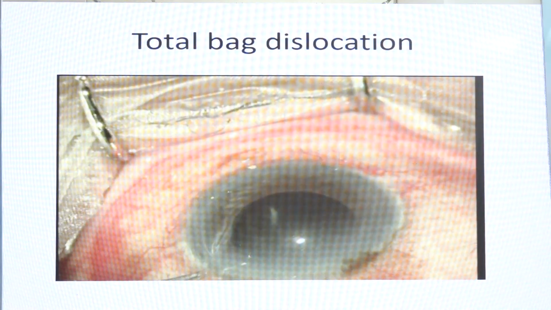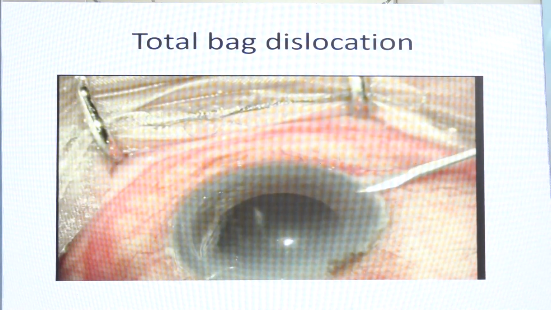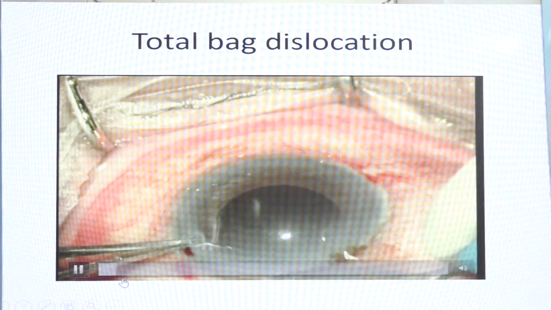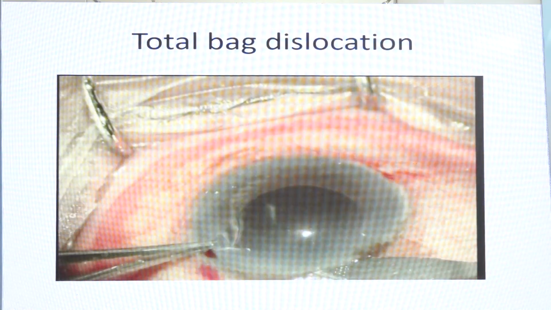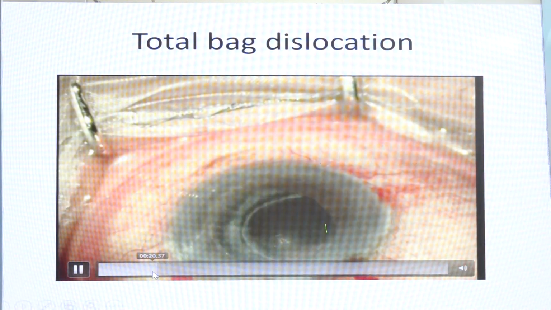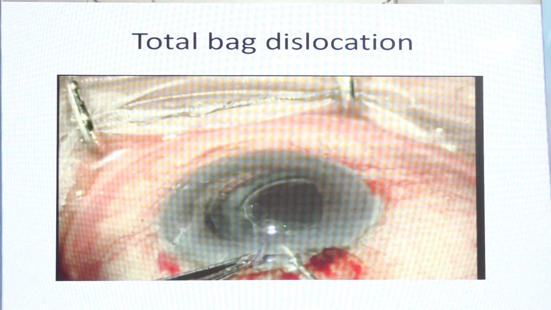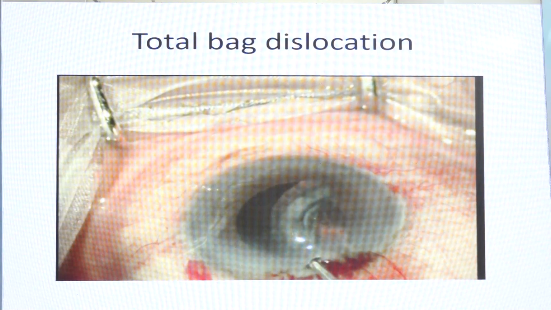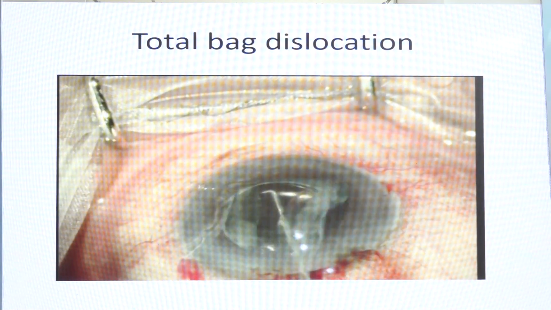Many times we get cases with the lens totally back, as Dr. Shah mentioned, total dislocation. Nowadays cases are coming where a well-placed lens is in the back, but the zonular support is very bad and the lens is dislocated fully to the back.